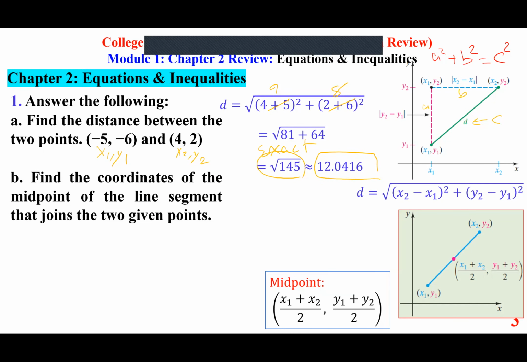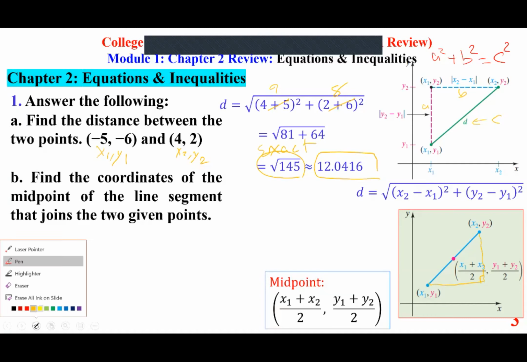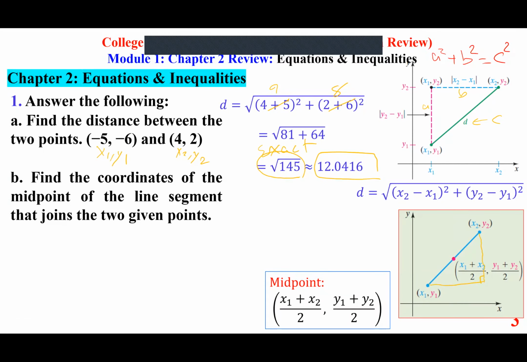If you draw a parallel line here, a line segment parallel to the x-axis, and draw a parallel line here to the y-axis, this makes a 90-degree angle. And if you drop a perpendicular to the x-axis, let me use a different color here, from here, parallel to the y-axis, it's a 90-degree angle.